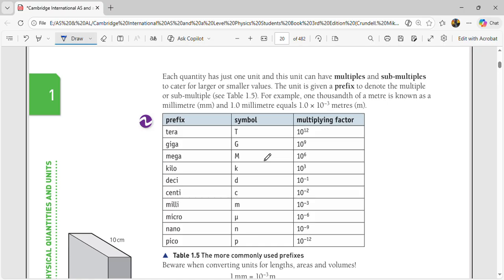So like that. Nano is exponent -9 and pico is exponent -12.